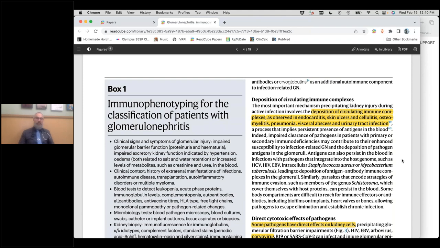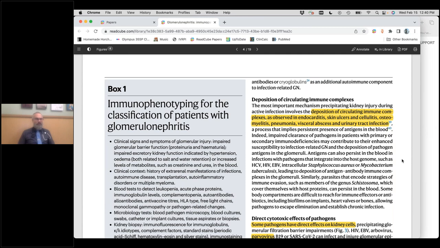It could be completely different antibodies, completely different antigen that's targeting things. So it could be related, it could be unrelated, and that's probably one of our at least most well-known presumptive infection-related GN, and that's not even completely substantiated in my mind.